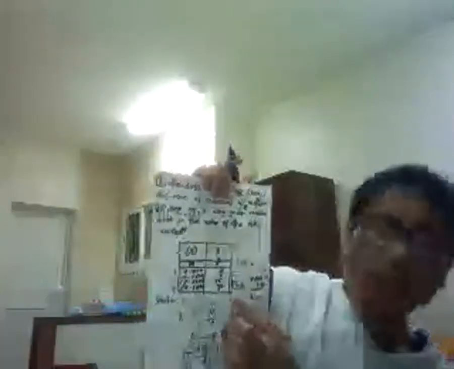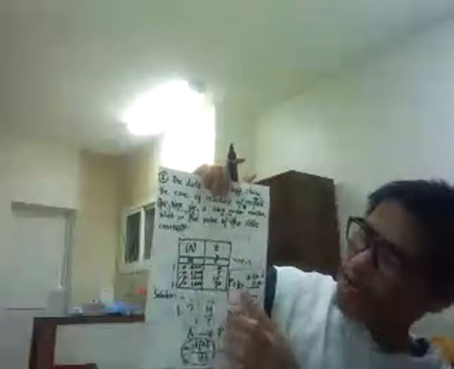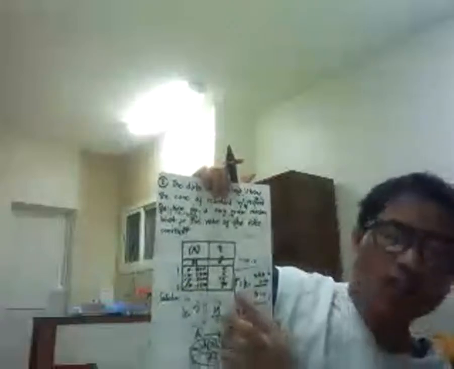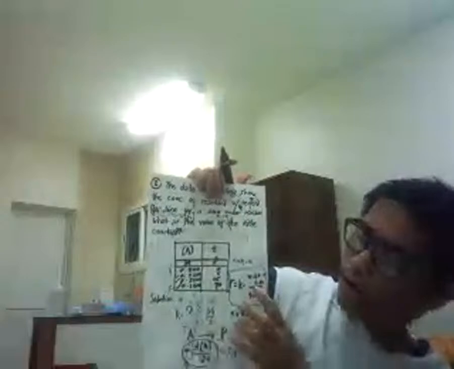We'll put that here. For a zero order reaction, the rate is equal to the constant K automatically. So the rate is the change in concentration over the change in time.